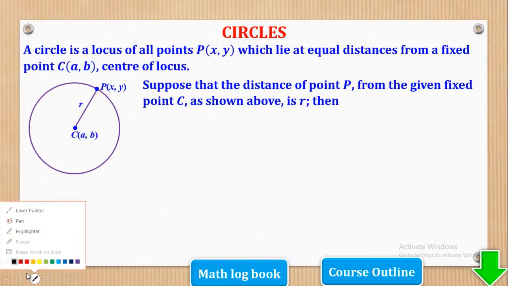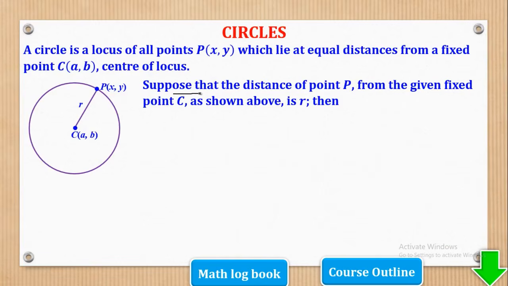We shall say that, suppose the distance of point P from the fixed point C shown above is r. As we have already seen here, the distance is r. Therefore, we have to remember the knowledge of geometry 1, which gives you the distance between 2 points, because I have point C which is (a, b) and point P which is (x, y).